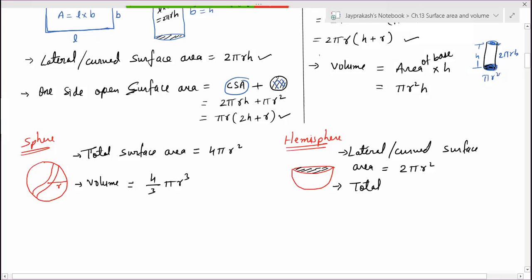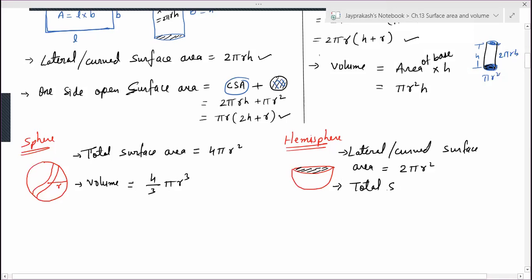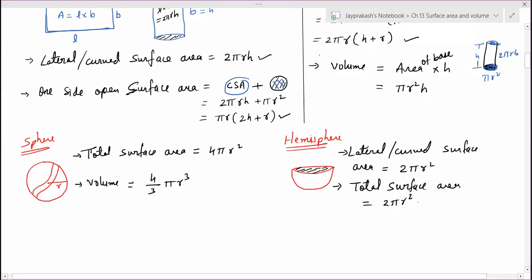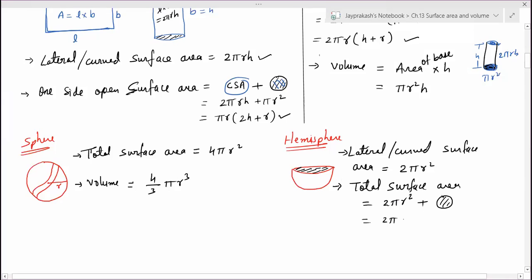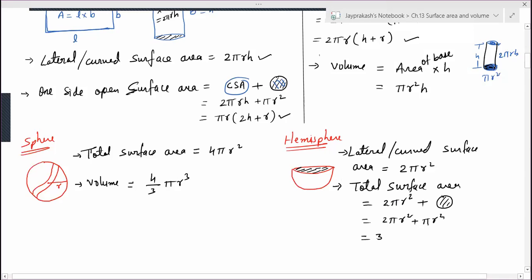He takes some circular paper and puts it on top to cover it. So total surface area is equal to 2 pi r square plus area of the top circle. So that is 3 pi r square.